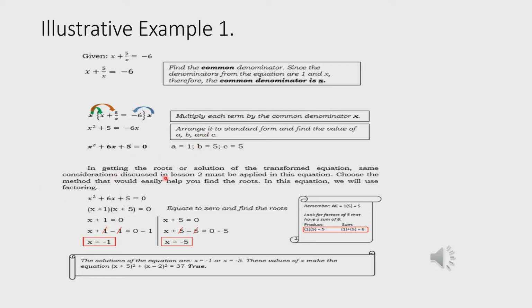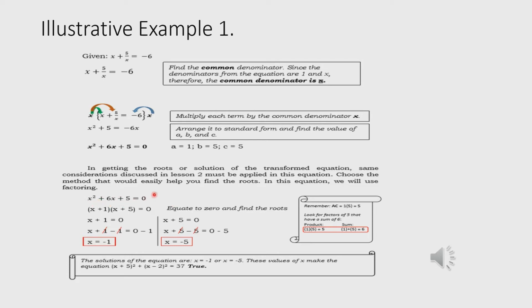In getting the roots, or rather the solution of the transformed equation, the same considerations discussed in lesson 2 must be applied. Choose the method that would easily help you find the roots. In this equation, we will use factoring.